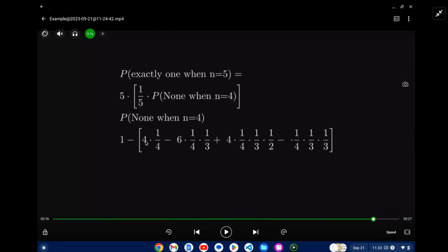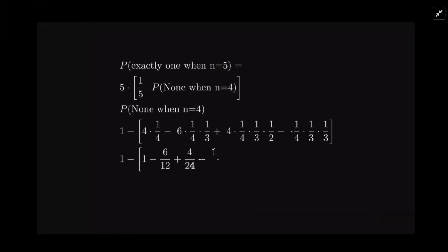This is 4 times each individual probability, 6 times the intersection of 2, 4 times the intersection of 3 minus, that's the problem. That's supposed to be a 2 here. And then just to indicate, there'd be a 1 over 1. That's not right. That's a 2. Sorry. But anyway, do the work on your own and maybe you'll find other mistakes. That's certainly likely.